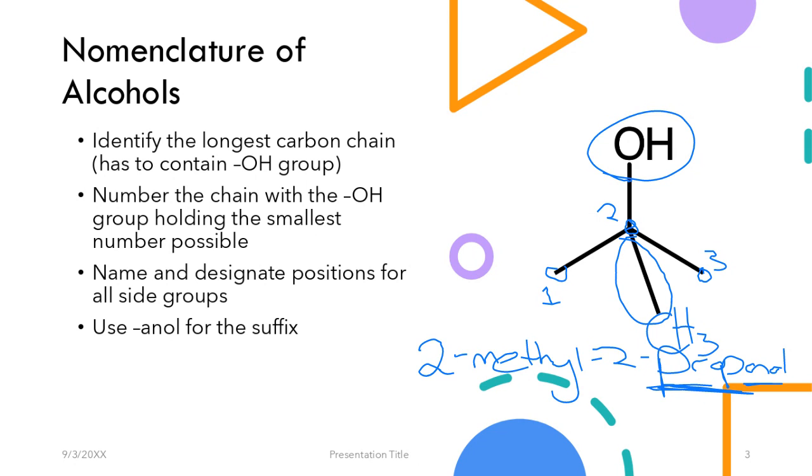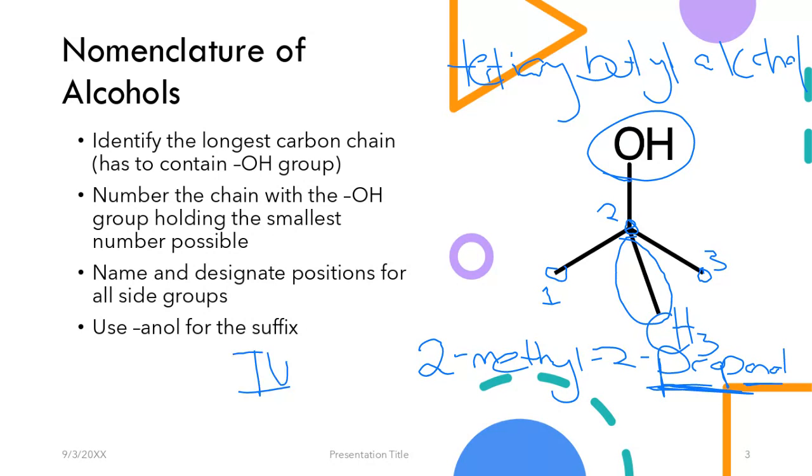And then the common name for this is tertiary butyl alcohol because this OH group is connected to a tertiary butyl group. Does that make sense? So you'll need to know both the IUPAC name and the common name for this one.